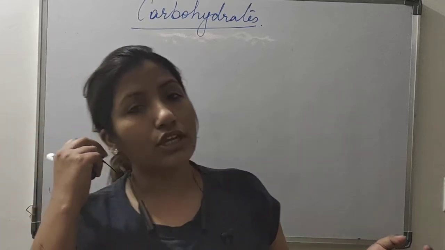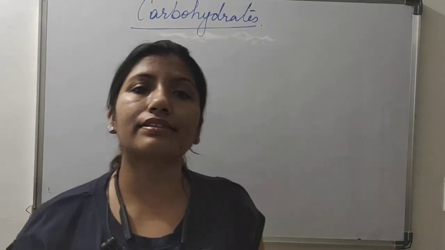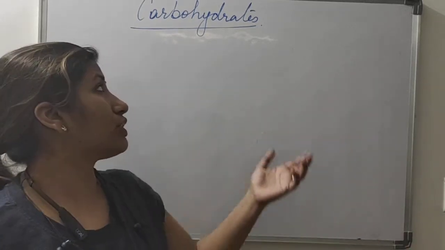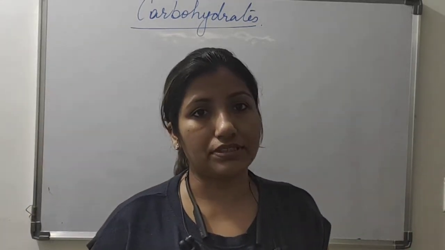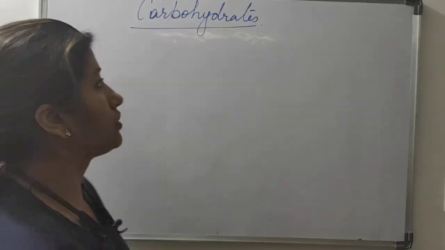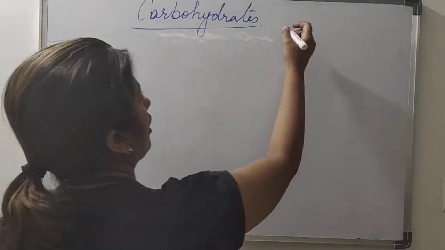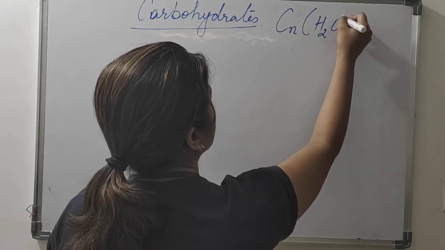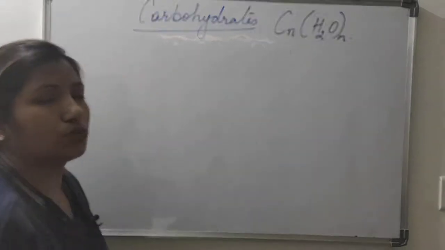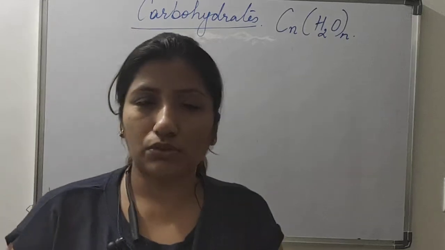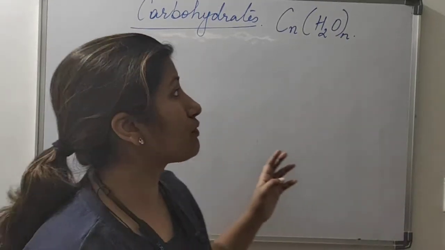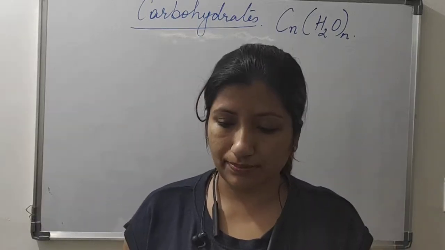If you compare nucleic acid, protein, fats, or any other biomolecules, you will find carbohydrate in more percentage. The general formula of carbohydrate is CnH2nOn, so from this formula we understand that carbohydrate is made up of carbon, hydrogen and oxygen.